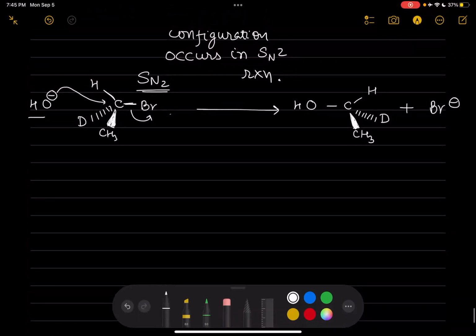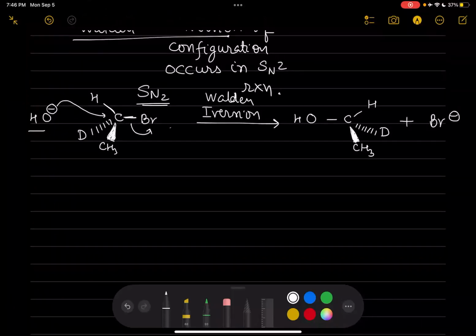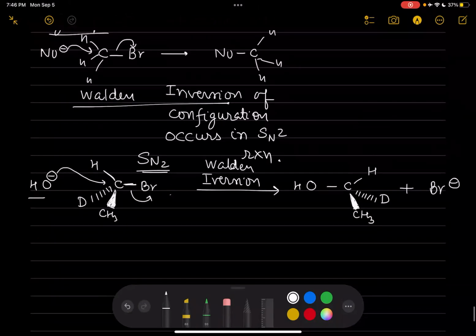This is known as inversion of configuration. Is it clear? Yes, sir, clear.